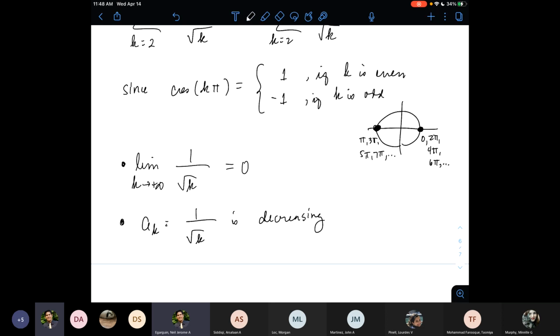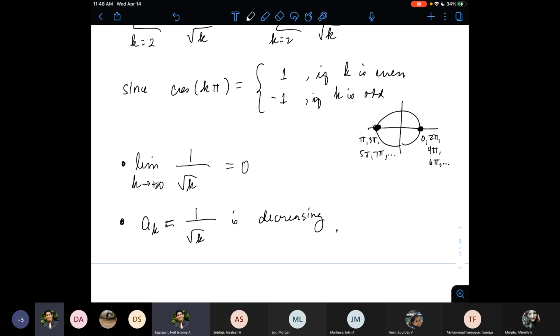So as k increases, the numerator remains the same, the denominator increases, so you get smaller and smaller values. So I don't think there would be questions asked if you just mentioned that a sub k, which is basically 1 over root k, is decreasing, because it's obvious from how it looks, or by definition. So not much work will be expected from you on that.